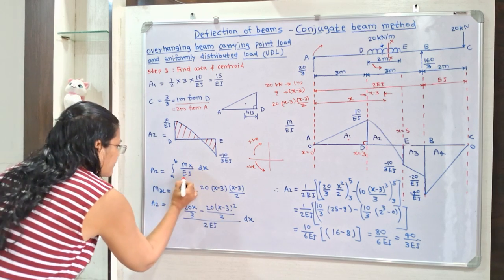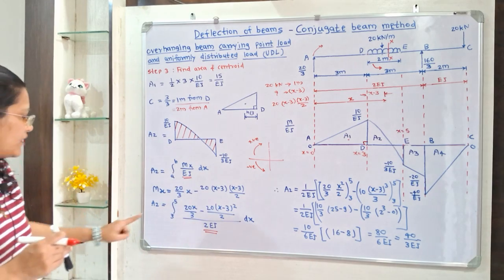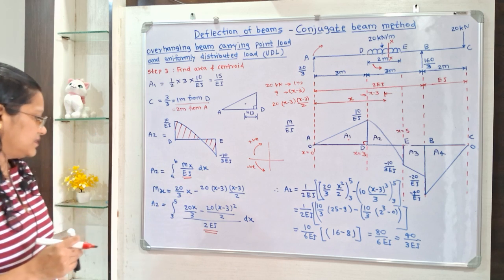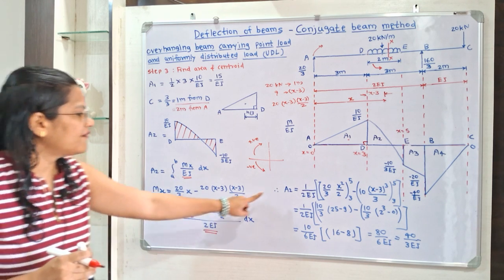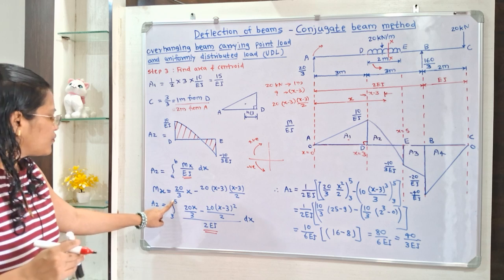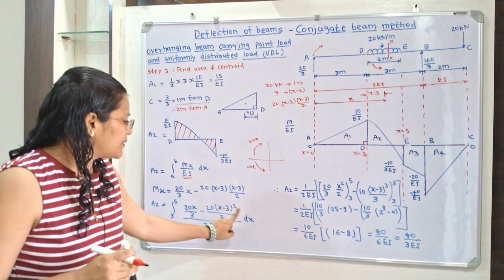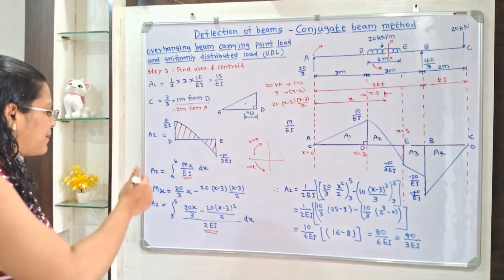Now we will simplify this. When we simplify, 1 upon 2 EI we will take outside the bracket because it is a constant term. So we have to take the integration with respect to x. Now we will apply the rule.